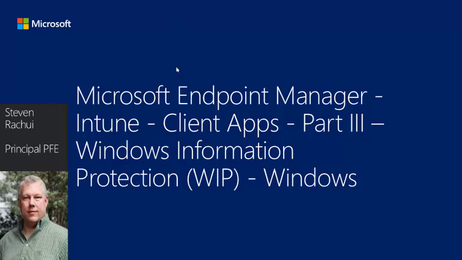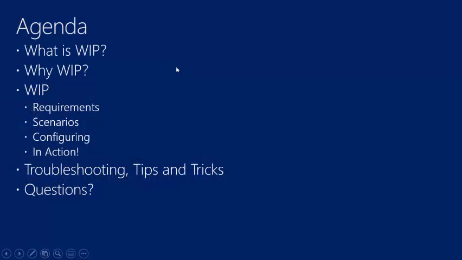In terms of agenda, what is Windows Information Protection? Why Windows Information Protection matters? Talk about some of the requirements of Windows Information Protection, and some scenarios where Windows Information Protection can be used. We'll walk through configuring Windows Information Protection, and then we'll actually see Windows Information Protection in action.